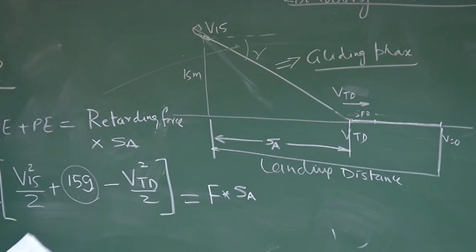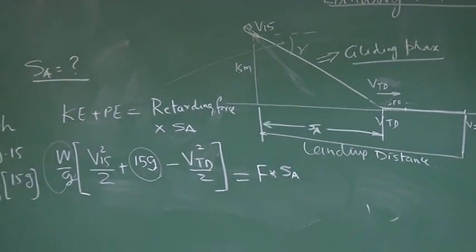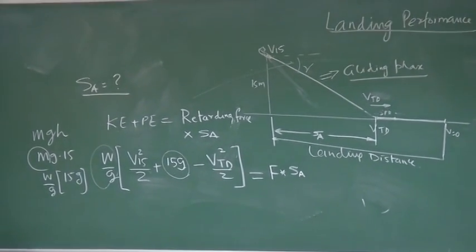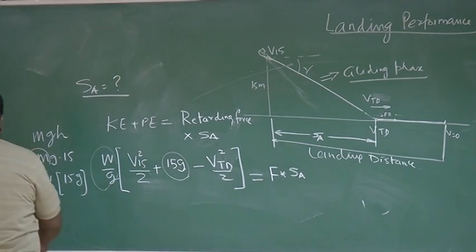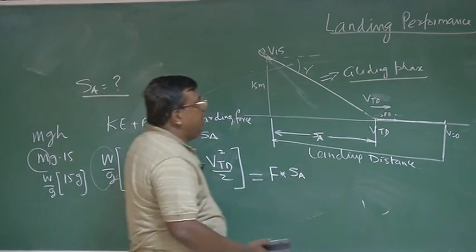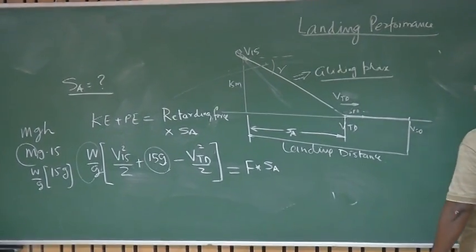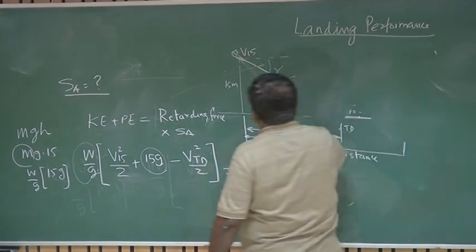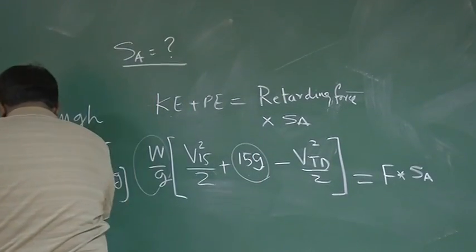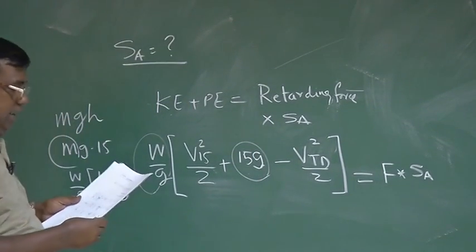That is the work done by the retarding force, that's the approximation. If I do this, I'll get something meaningful, and I'll get an approximate value. I repeat, this is not very accurate, but this is not bad, it works.